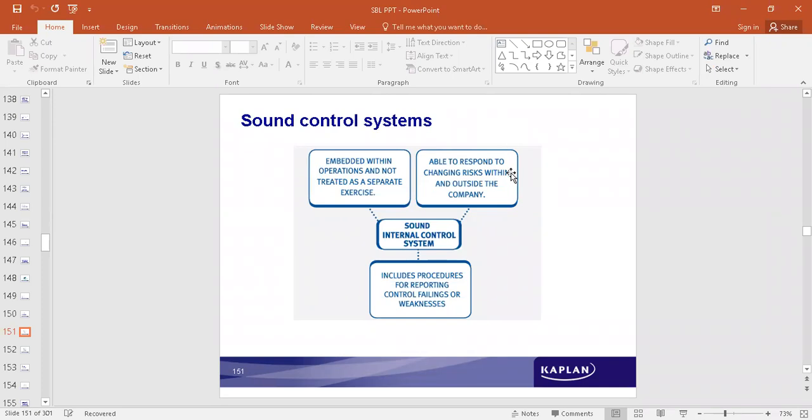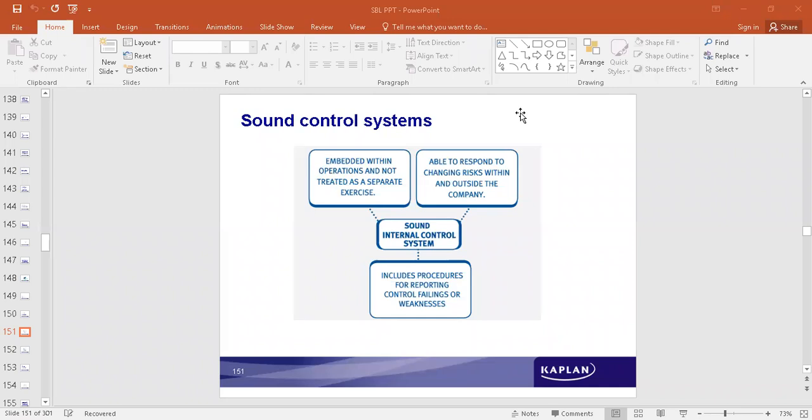Then the control system should be able to respond to the changing risk within and outside the company. So how do they respond? There is something called noting down of various events, and then what impact these events have on the organization.